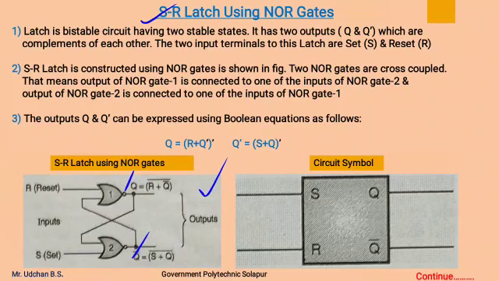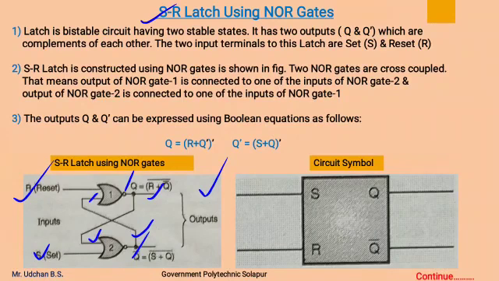The set terminal is named S, the reset terminal is named R. The two NOR gates are cross coupled. That means the output of NOR gate 1 is connected to the input of NOR gate 2, and the output of NOR gate 2 is connected to the input of NOR gate 1.